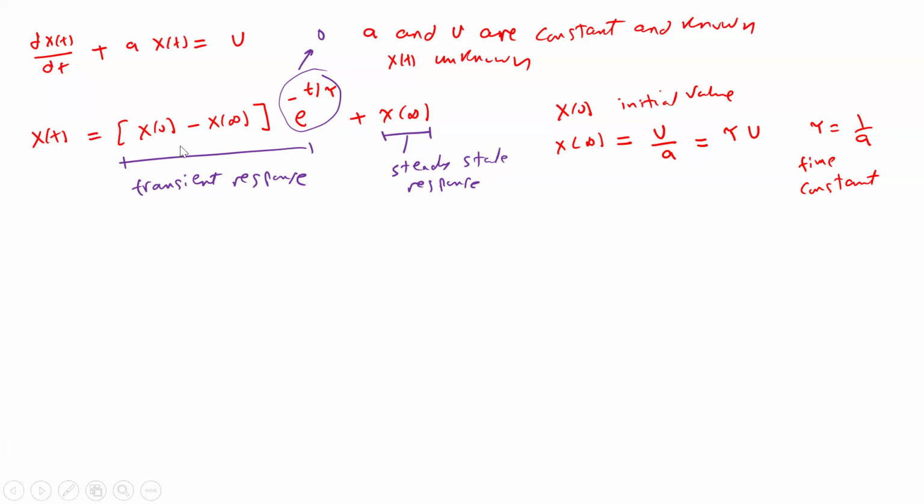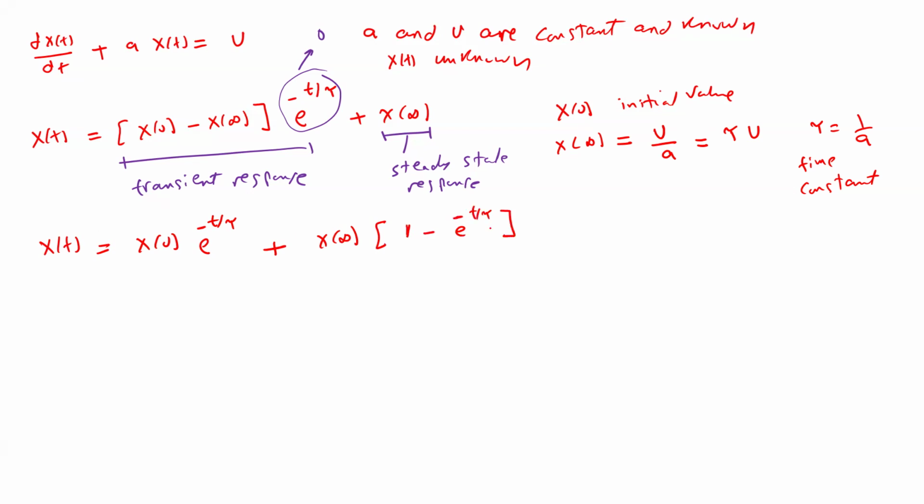One way to see this equation is this way. There is another way to see this equation. I will do very simple algebra manipulation and rewrite it. So I can rewrite this equation this way: x of t equals x of 0 times e to the power of negative t divided by tau, plus x of infinity times 1 minus e to the power of negative t divided by tau.